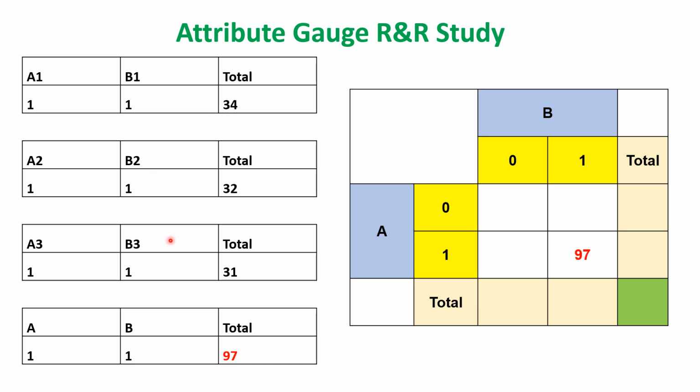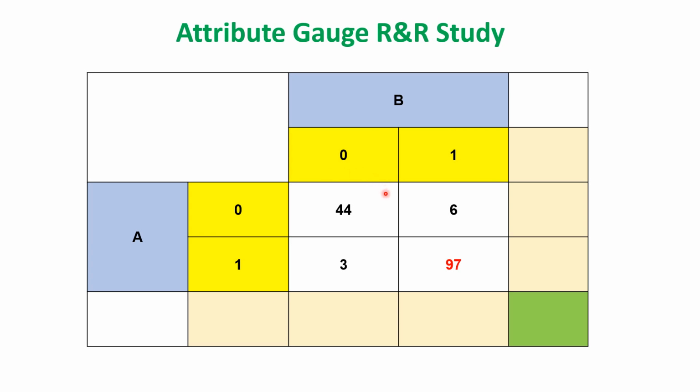The same thing we have got from this table, that is 97. Similarly, can we calculate how many times operator A is saying not okay and operator B is saying not okay? That figure can be calculated the same way and written here. Even operator A okay, operator B not okay can be calculated and written in the respective cell.